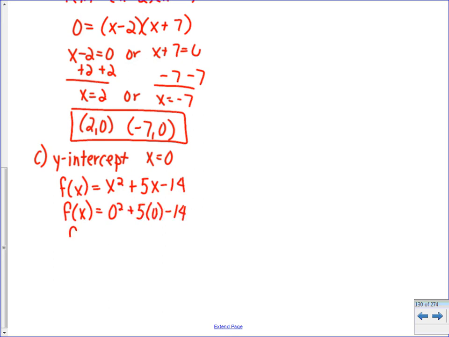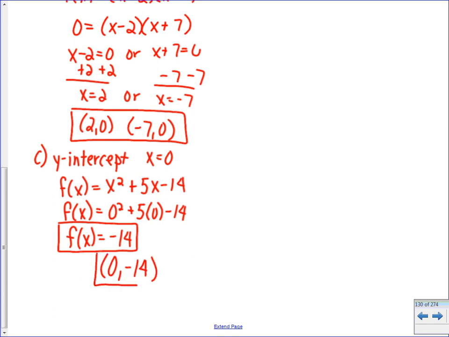And you're going to get f(x) equal to negative 14. Remember, the y-intercept is going to be your c term. When you write that as an ordered pair, it's going to be (0, negative 14).